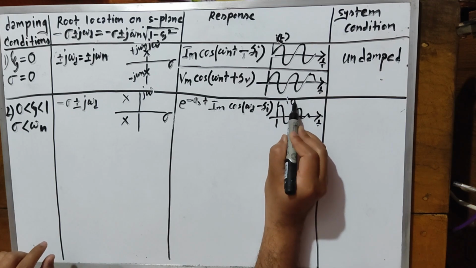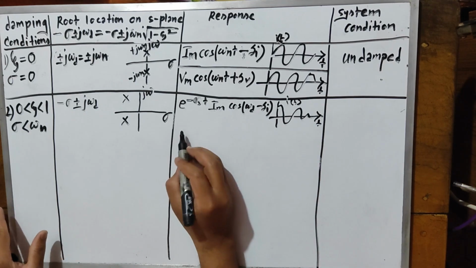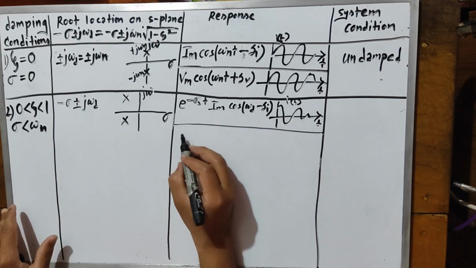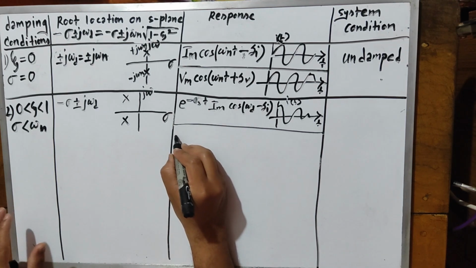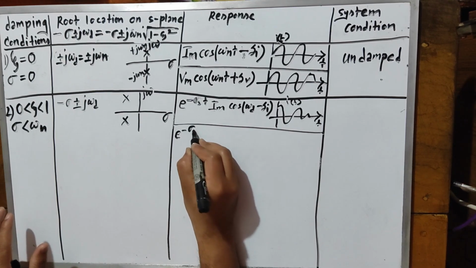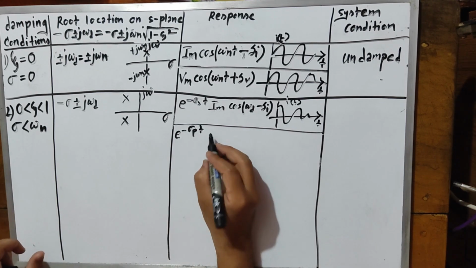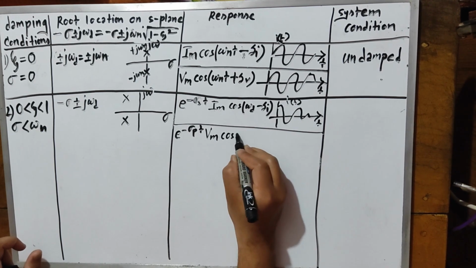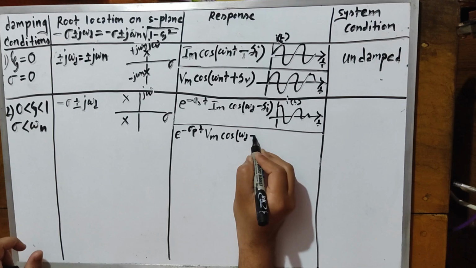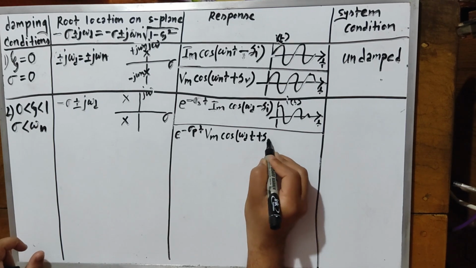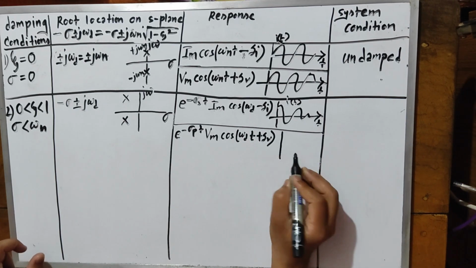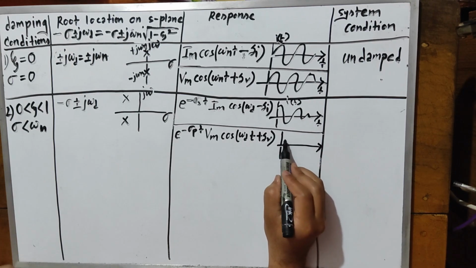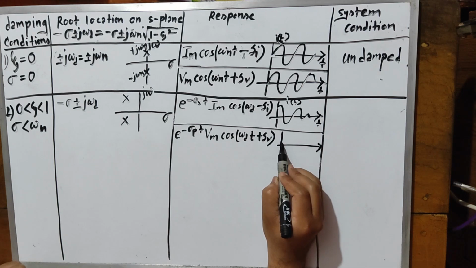And the voltage response for the parallel RLC circuit is e to the power minus sigma t, Vm cos(omega d t plus delta V), and it looks basically the same, with a phase shift.